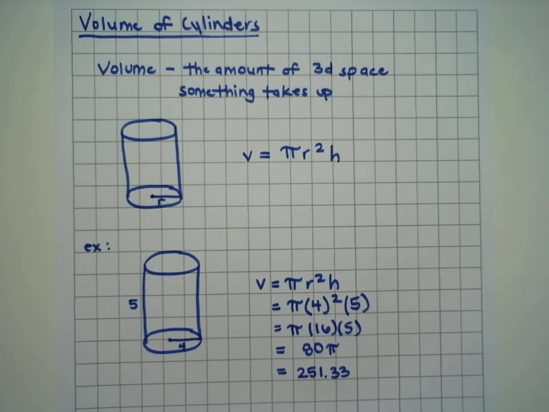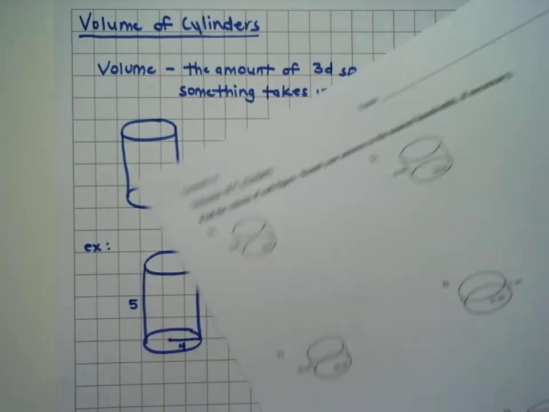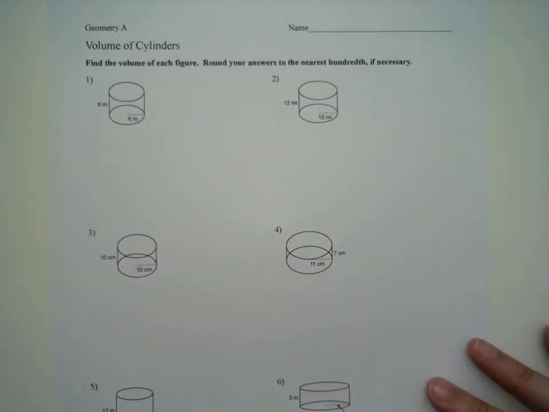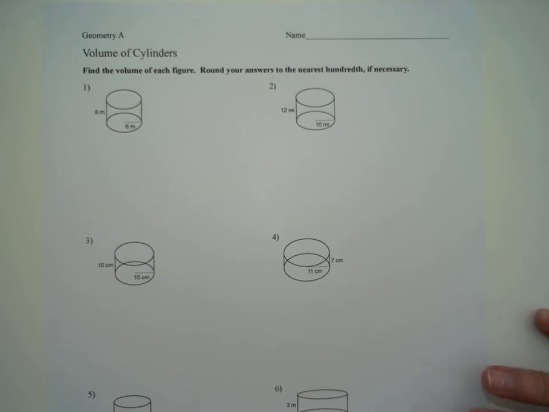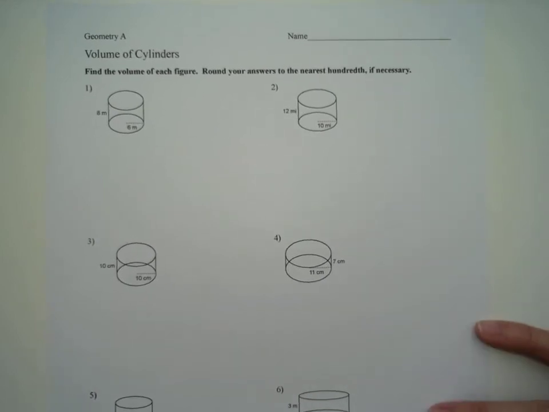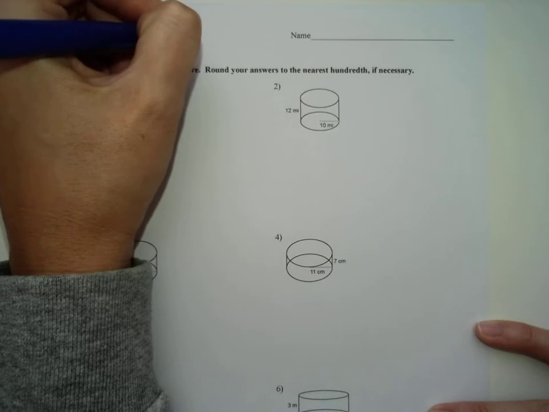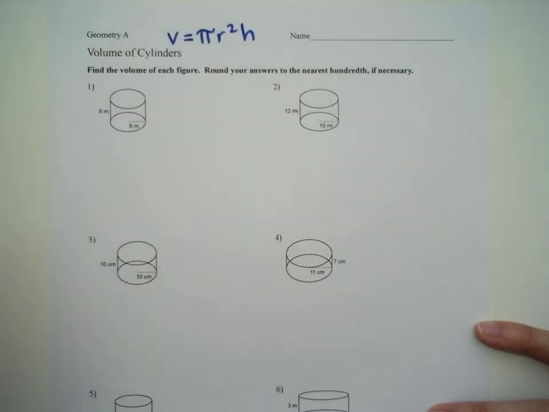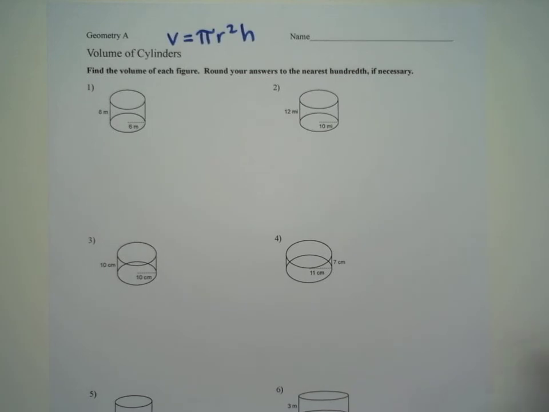Okay, let's look at your assignment on volume of cylinders in your workbook. Okay, so it's always helpful to just write the formula at the top of your page. So the volume equals pi times the radius squared times the height.